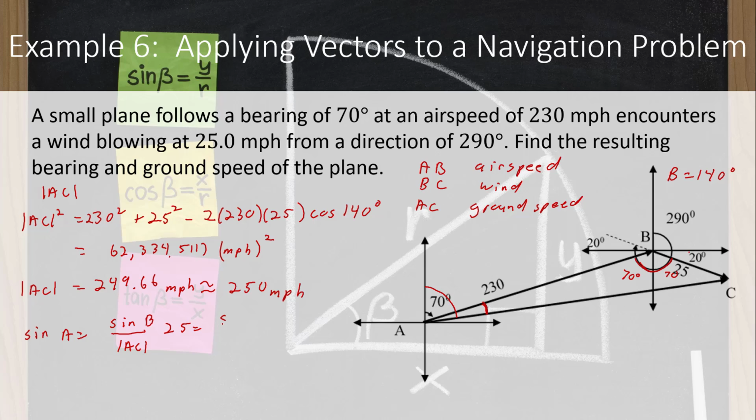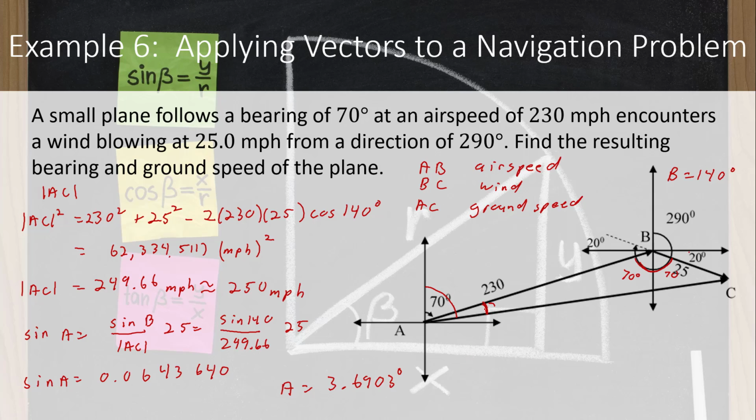So we're going to have the sine of 140 divided by 249.66 times 25, and that will give us that the sine of A is equal to 0.0643640. And if that's the case, then A is equal to 3.6903 degrees. Okay, so that's what this is right here.